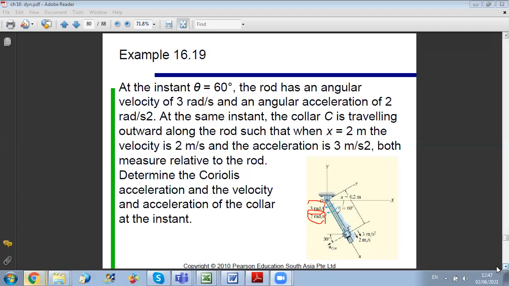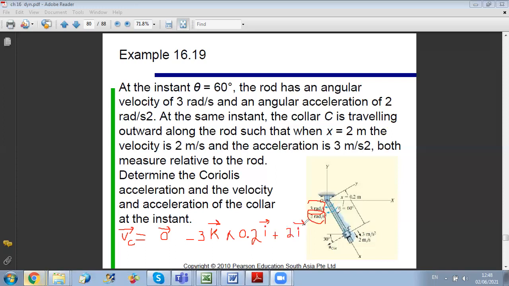We will write that velocity of C, Vc, is equal to VO, which is 0, plus omega of the rod, minus 3k, small k or big K, it's the same, vectorial OC, which is along i, 0.2 small i, plus V relative, the relative velocity, which is along small i, it's 2, so plus 2 times small i.